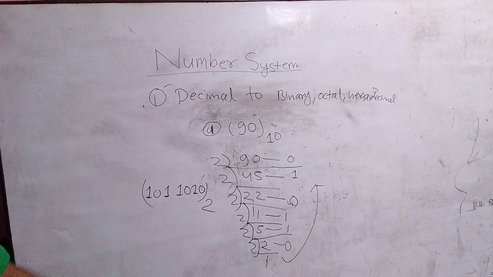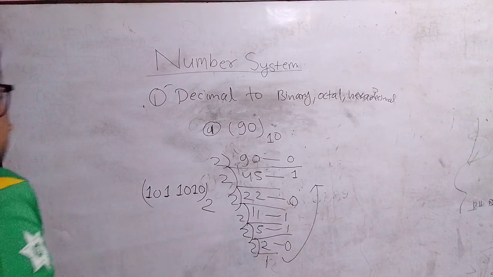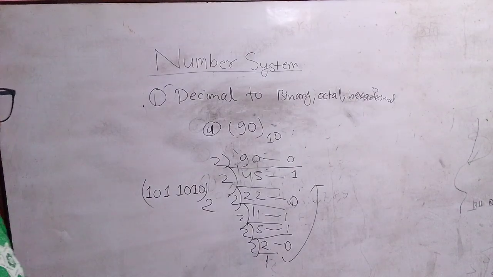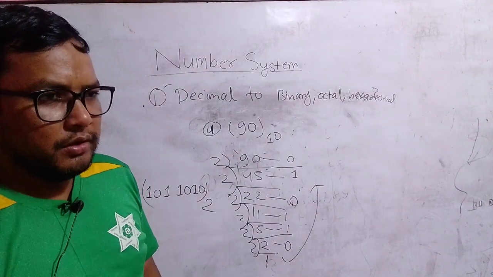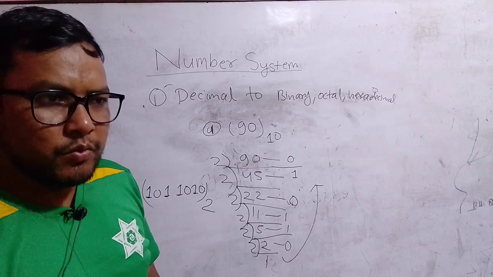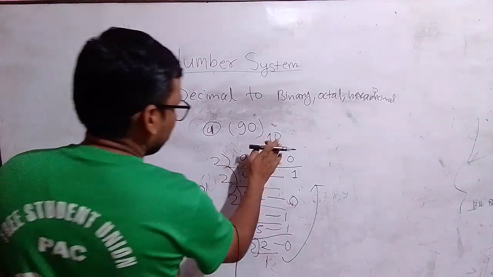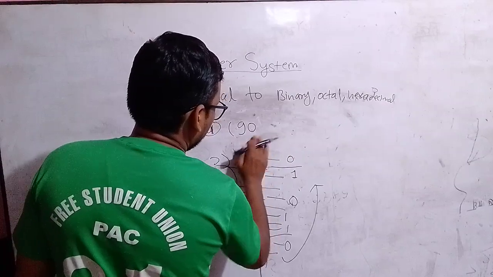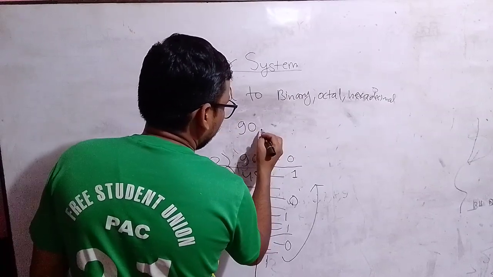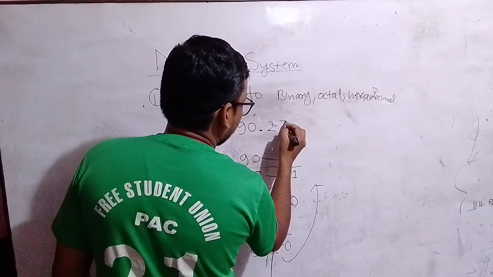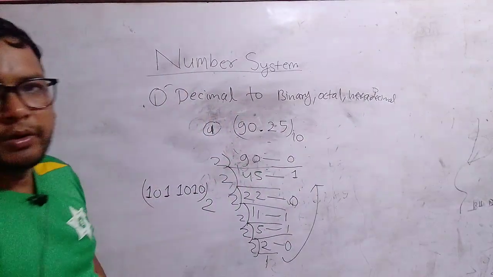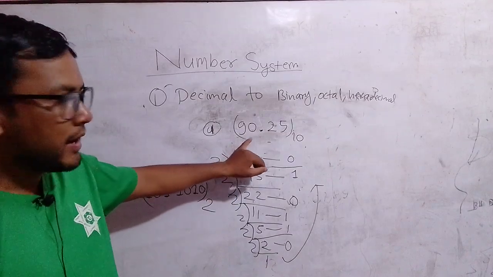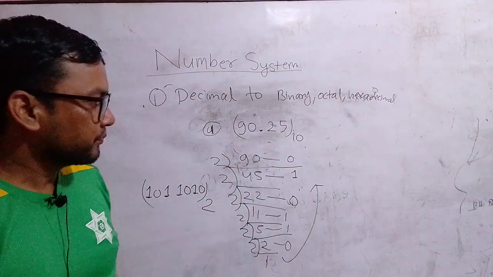For example, if this decimal number contains a fractional part, what is a fractional number? A fractional number is one which has a quantity less than 1. For example, in our case 90.25. Now how to get the binary equivalent of this number?